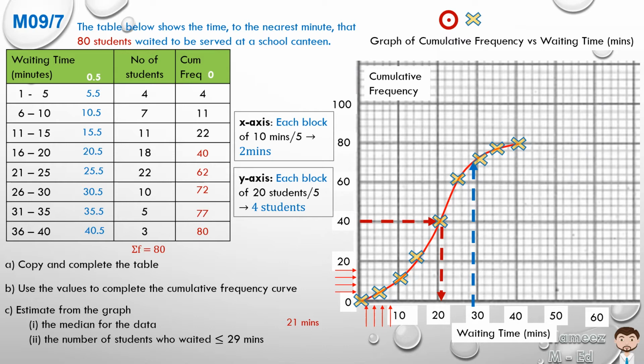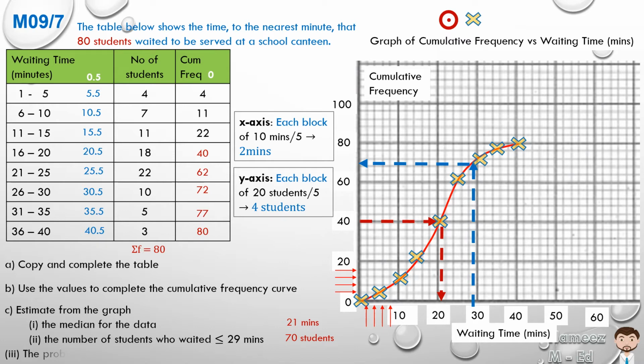Remember, the whole of part C is estimating from the graph, so we're using the curve. When it hits the curve, we now continue the line to the left until it hits the cumulative frequency axis. And that will be our value of the number of students who waited not more than 30 minutes.